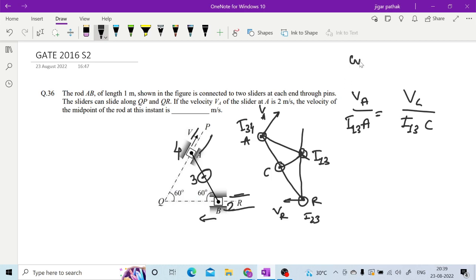Omega is the same for both points A and C, because it is rotating around the same point I13. That is why omega can be written as VA upon I13A and VC upon I13C.